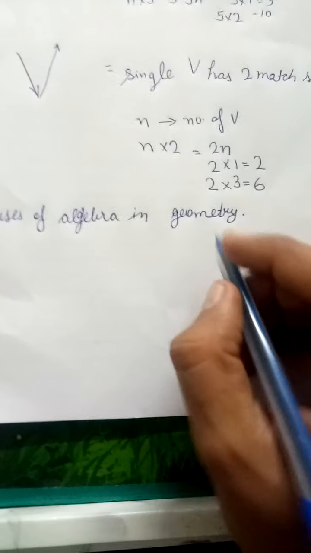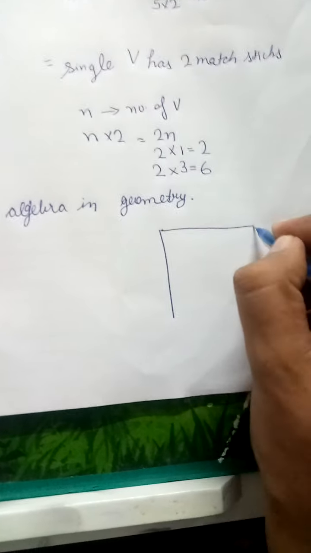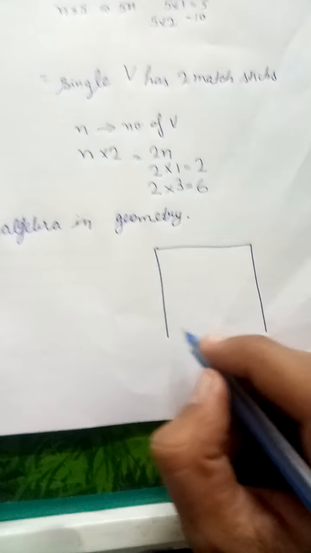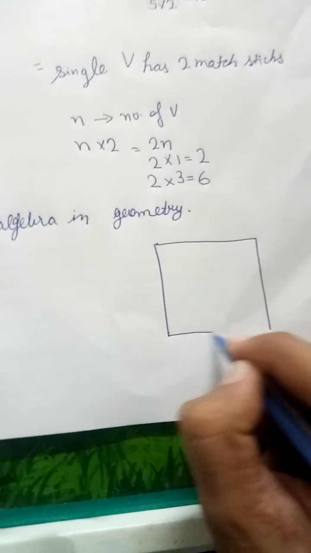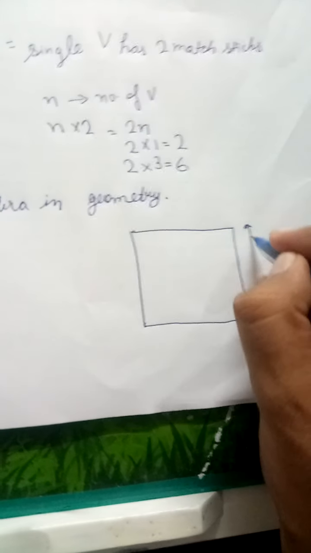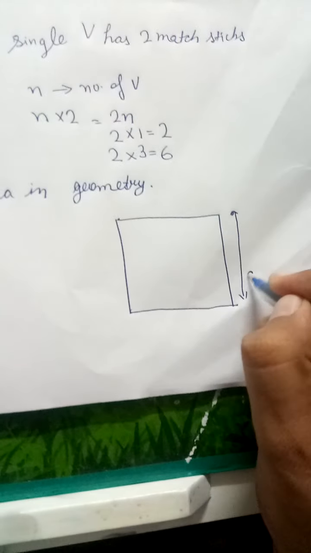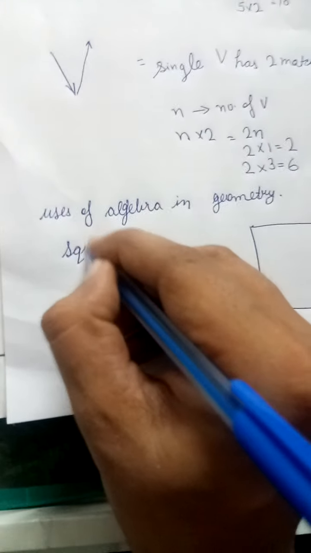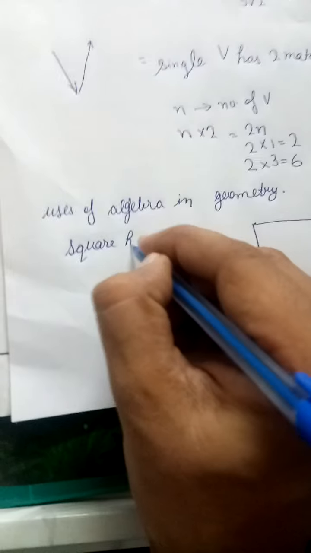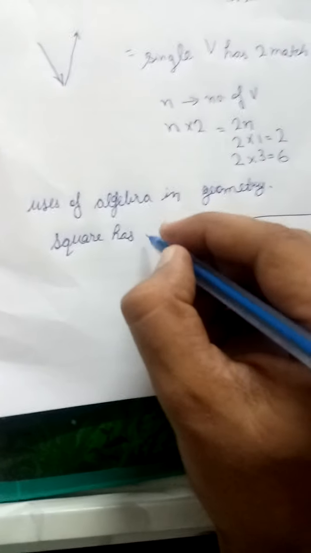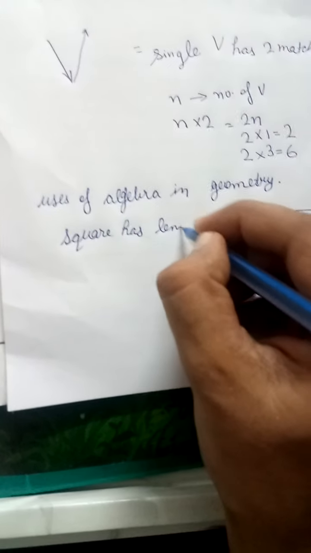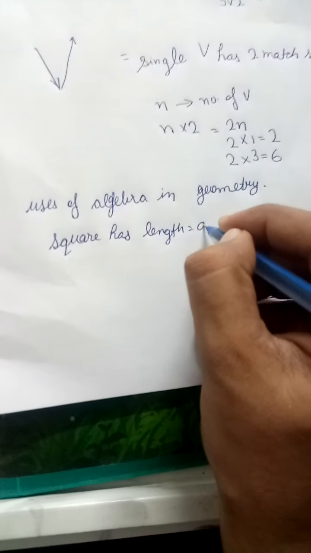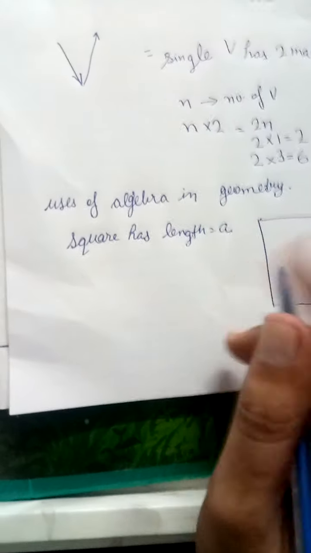So let's say we have any regular quadrilateral, meaning a square. This is a square, and we know that one side of the square is A. The square has length A. So what is the perimeter of the square?